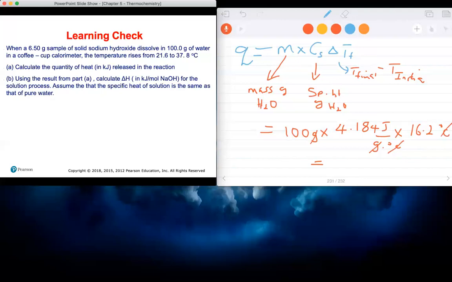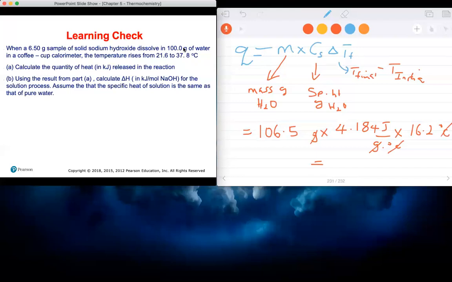No, the mass of the solution is 106.5 grams of solution, because in a solution, the temperature of the solution comes from the sum of the sodium hydroxide and H2O.